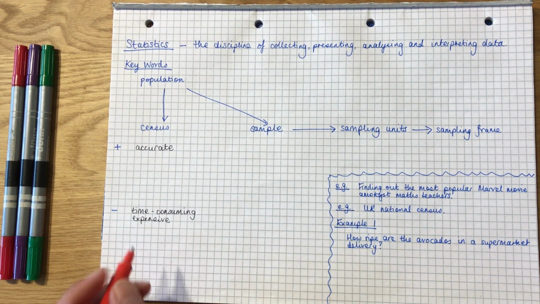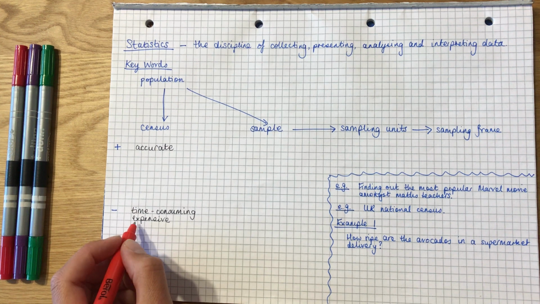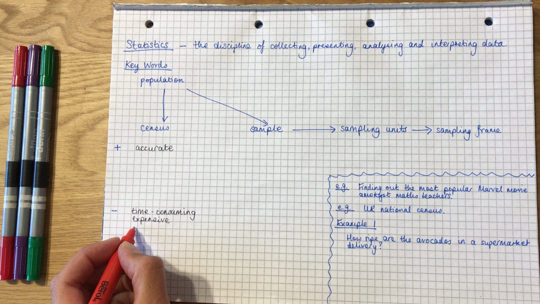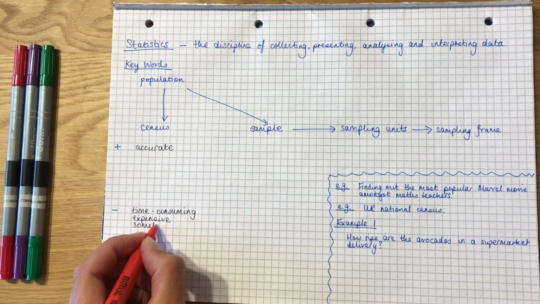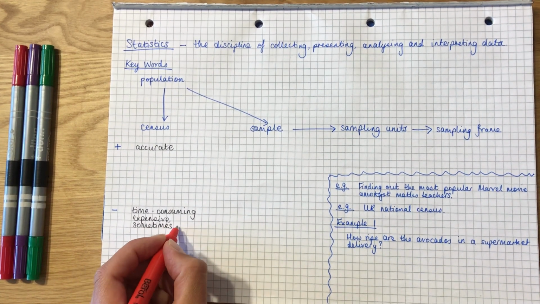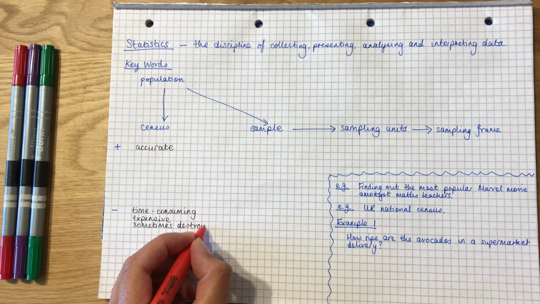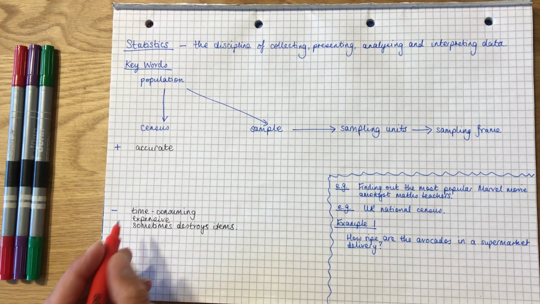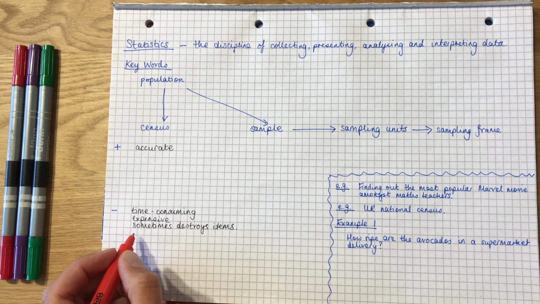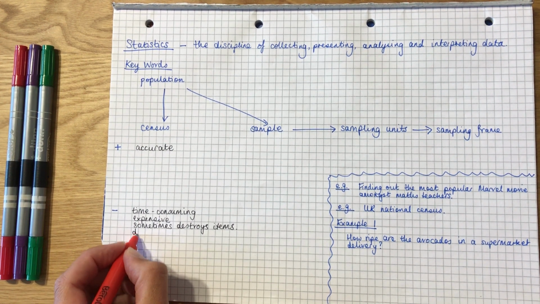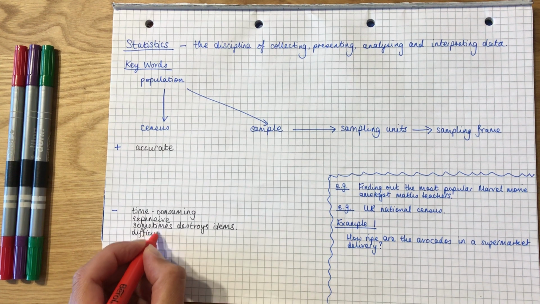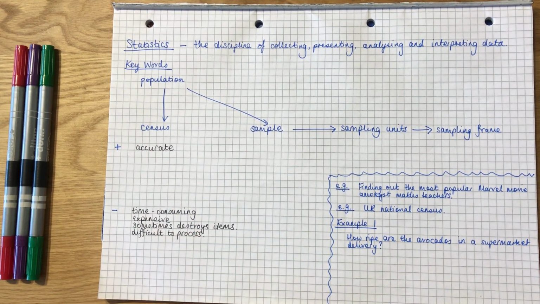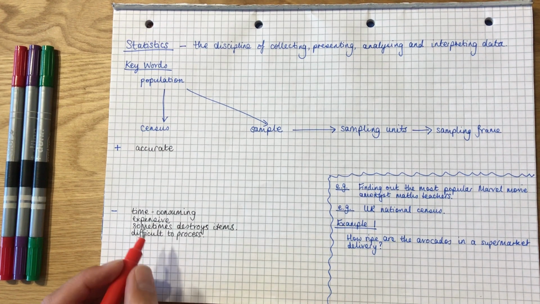There are also times where a census is not a good idea because it would lead to the destruction of the items in the population. And also, it's very difficult to process large quantities of data. It takes time and it's complicated.